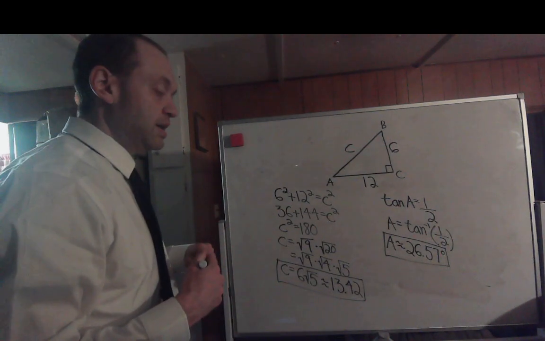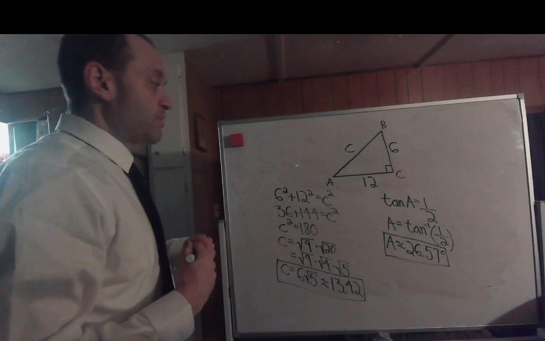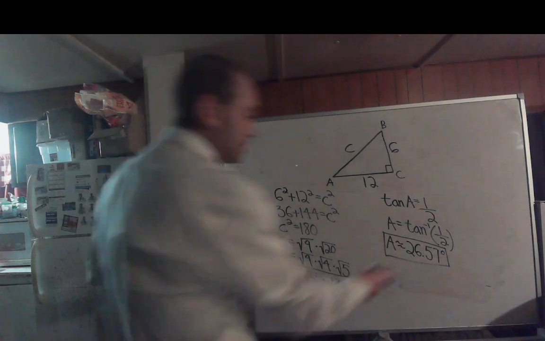So now for angle B, we can simply take this away from 90. So angle B is going to equal 90 degrees minus that 26.57 degrees, and this will also be a 2 decimal place approximation since angle A was.